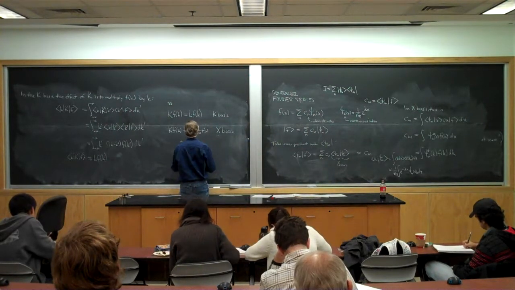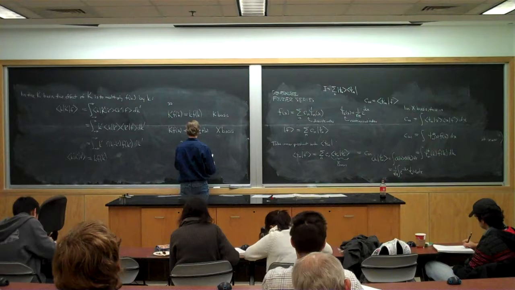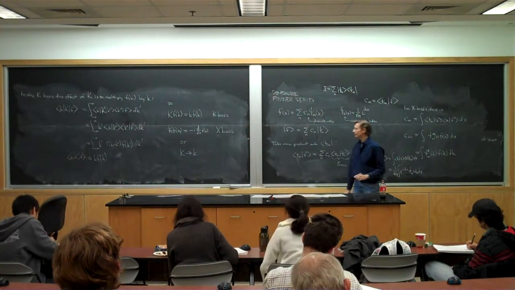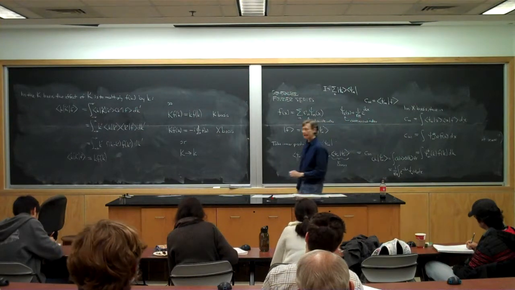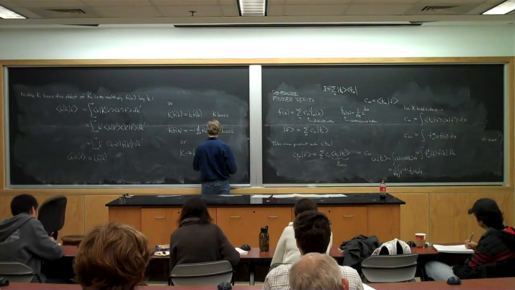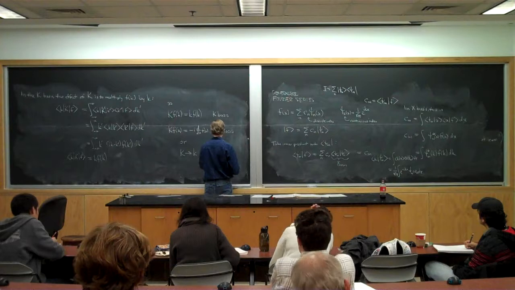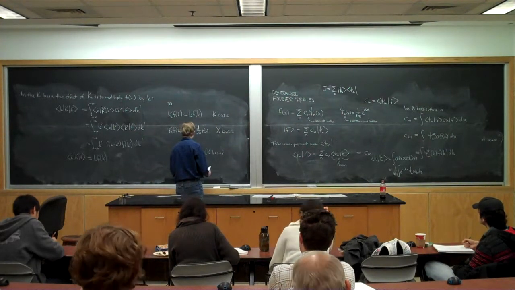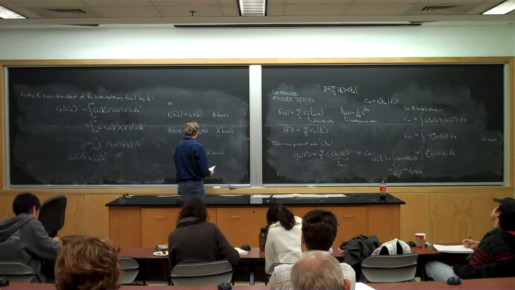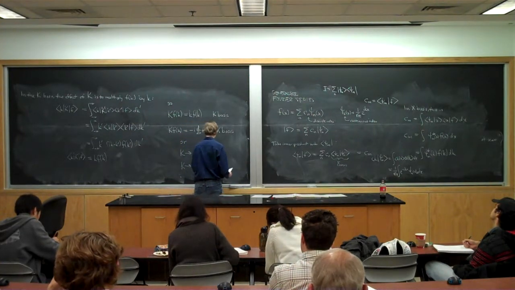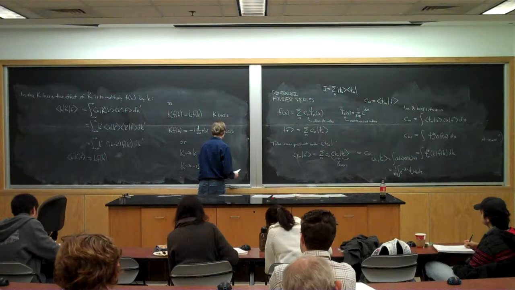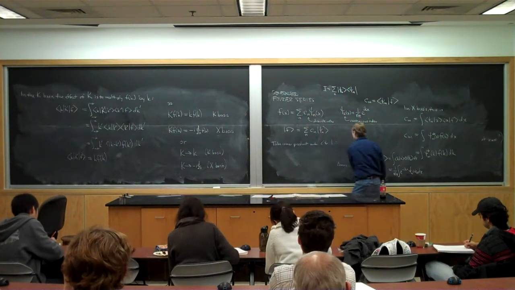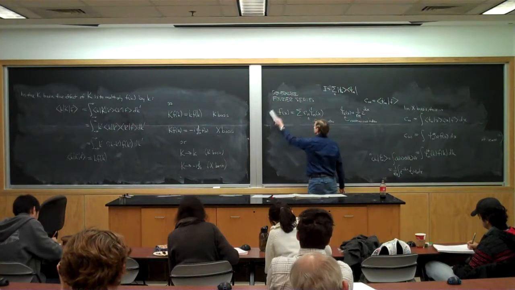Or in other words, as operators, capital K is simply represented by multiplication by k in the k basis, but K is represented by minus i d/dx in the x basis.